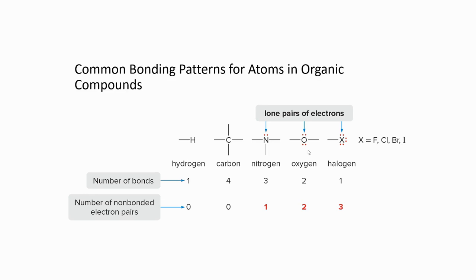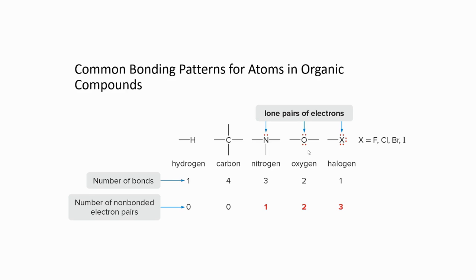So in this section, if you can remember, hydrogen forms 1 bond, carbon forms 4 bonds, nitrogen forms 3 bonds, oxygen forms 2 bonds, and if it's a halogen, so that's fluorine, chlorine, bromine, or iodine, they only form 1 bond. If you can remember that, that's going to be really useful for when you are either drawing or evaluating Lewis structures. So then you can look at it and say, oh, well, carbon doesn't have 4 bonds, so this must be wrong. I need to add another bond.